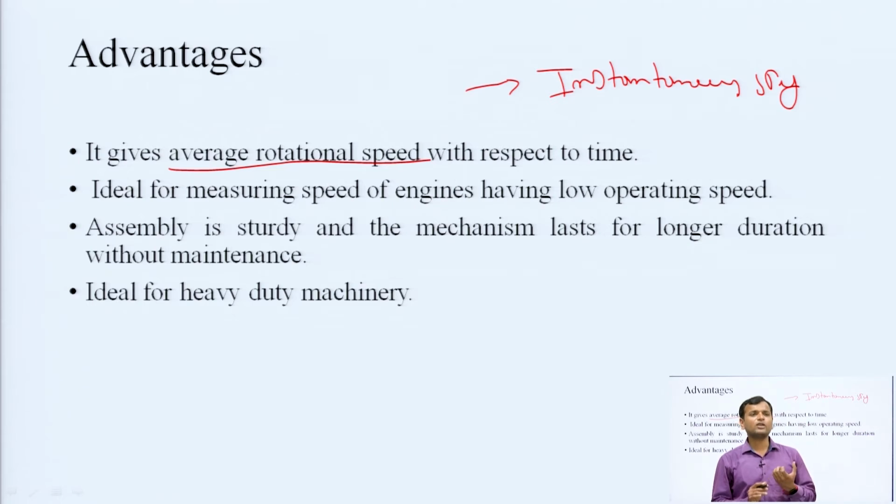So when we use the mechanical arrangement, then by giving proper maintenance of the instrument, we can use it for a longer duration, and that can be ideal for heavy duty machinery because it is a mechanical device.